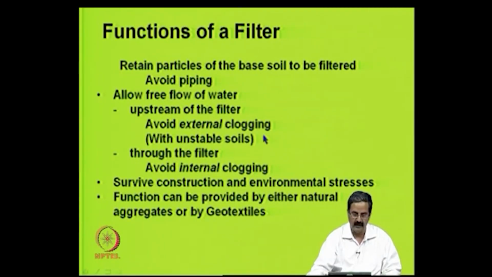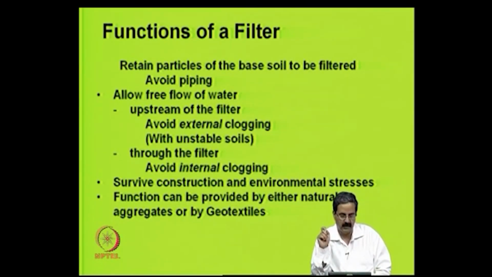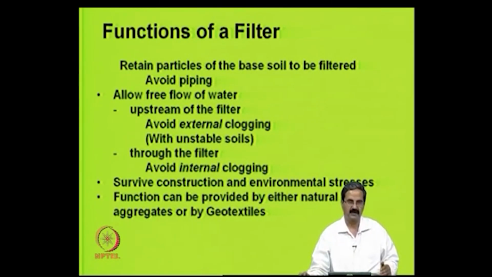You would also like to avoid external clogging. Sometimes clogging needs to be prevented, because clogging is a serious issue, and even internal clogging is possible. Say, for example, you have some base soil, as we call it, and then at the top you have a filter. Water goes through, and the filter should be able to allow only the water, and the filter should not get clogged.